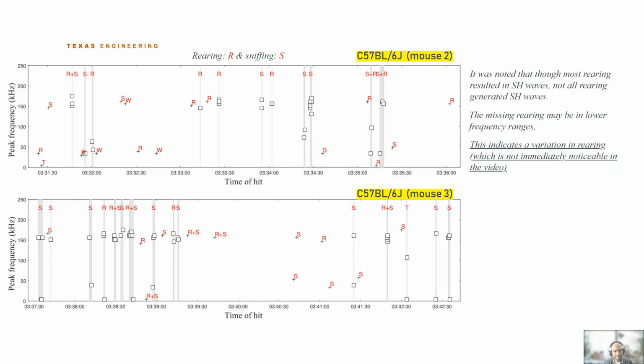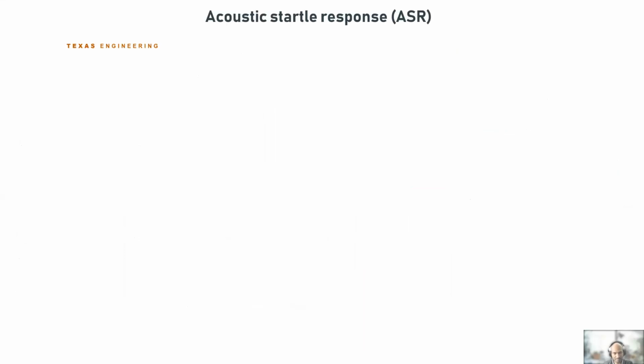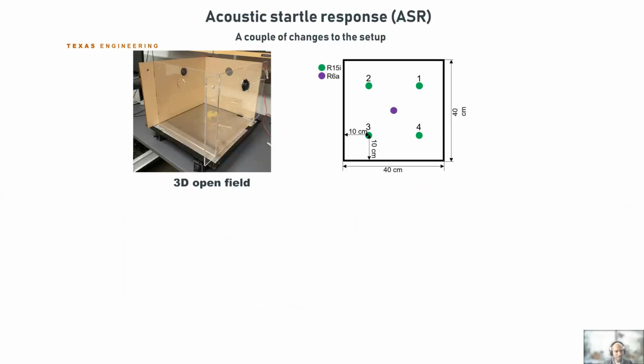So the next set of results I'm going to show you are even more quantified observations for a particular behavior, especially the acoustic startle response. In this study, we slightly modified the setup.